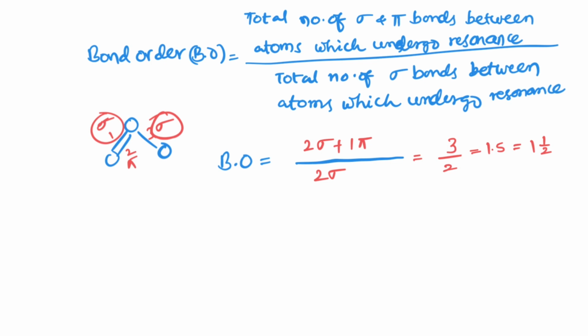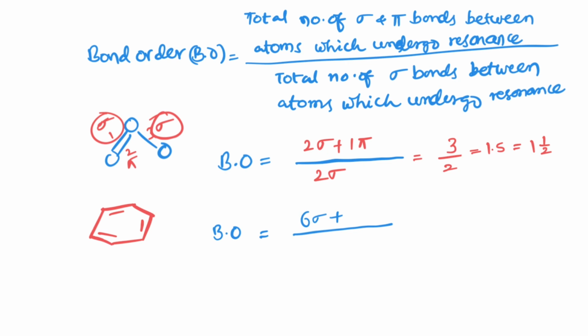Similarly, for the benzene structure we know we have pi bond, pi bond, pi bond. So for the bond order, how many sigma and pi bonds? Count here: 1, 2, 3, 4, 5, 6 sigma bonds. Therefore I can write 6 sigma bonds plus how many pi bonds? 1, 2, 3, because these bonds only undergo delocalization.